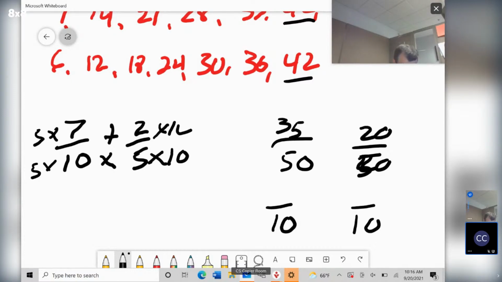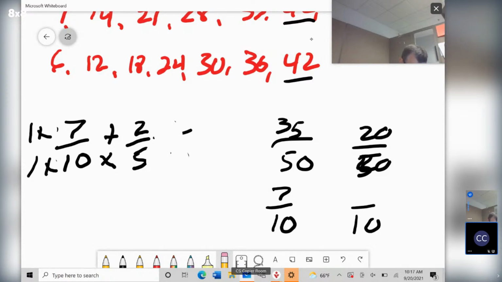But if we factored out with the smallest one, this one is just going to be 1 times 10 and 1 times 7. So that's going to be 7. And this one's going to be, let me erase this, 5 times 2, and then 2 times 2.